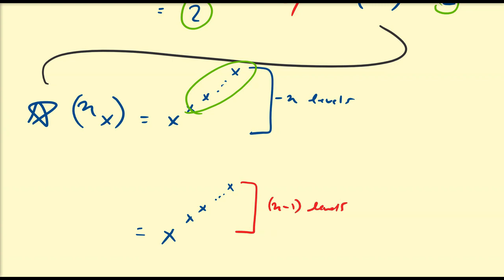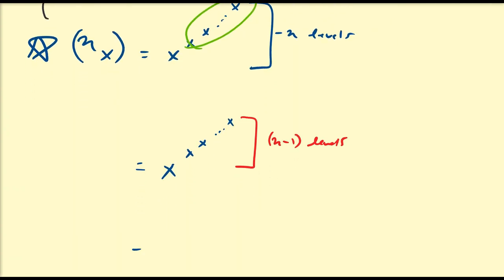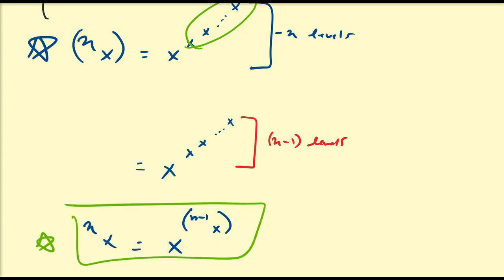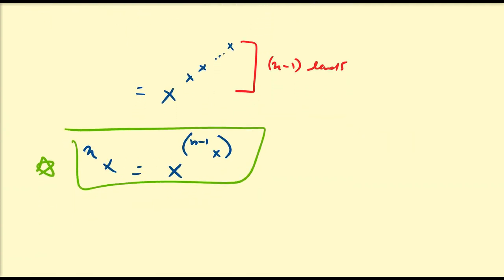So this expression can be rewritten as x to the power of the (n minus 1)th tetration of x. So this is the first property that we can have. Quick example: the 7th tetration of 8 is the same as 8 raised to the power of the 6th tetration of 8, with 8 as the base.